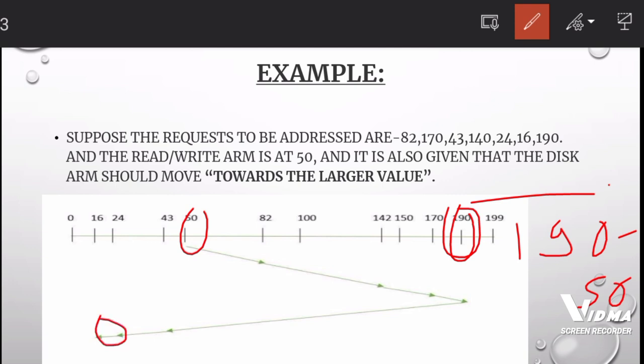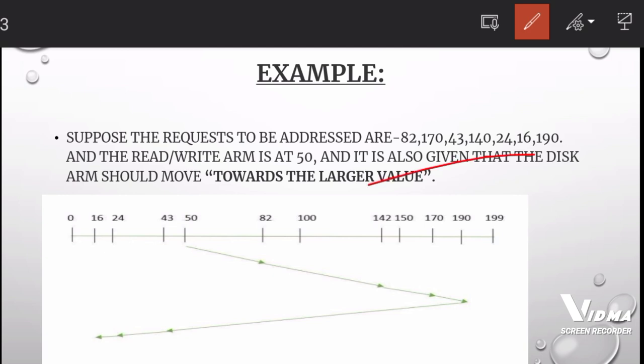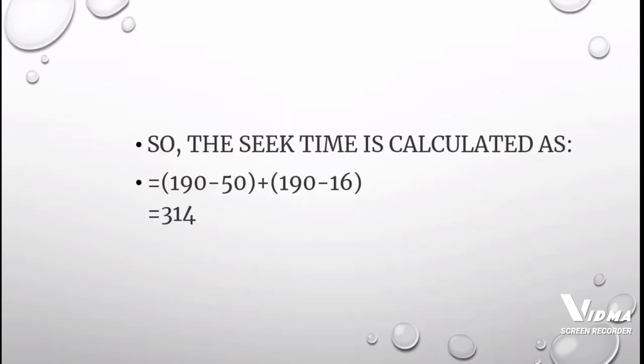So we will get the seek time. 190 minus 50 is 140, and 190 minus 16 is 174. So the sum is 314. So the seek time for the LOOK disk scheduling algorithm is 314.